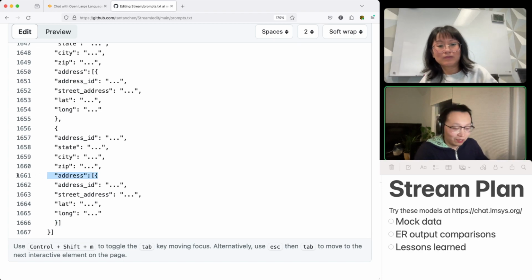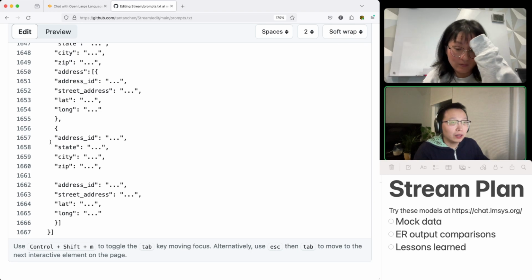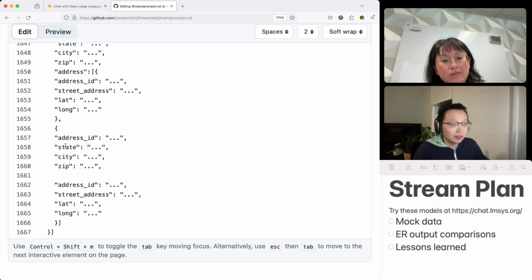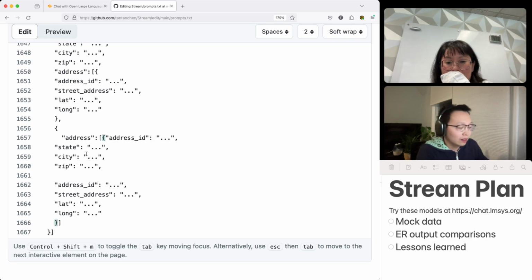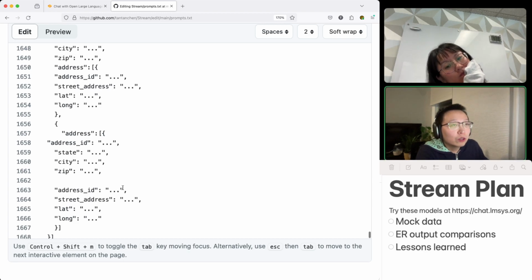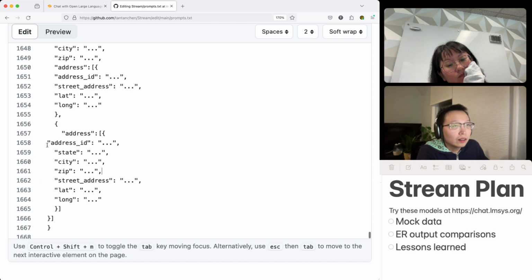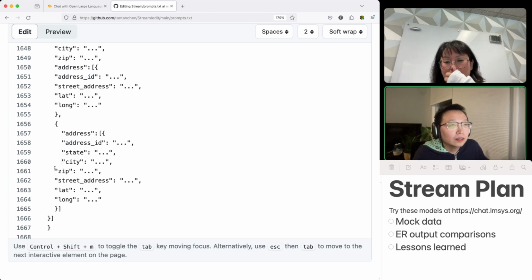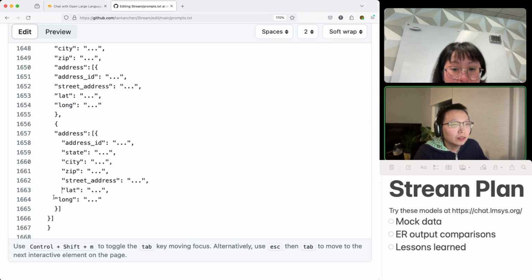Oh no, so the first block is still the address block. I guess it goes like this, right? No, that's correct. That's correct. That's here.